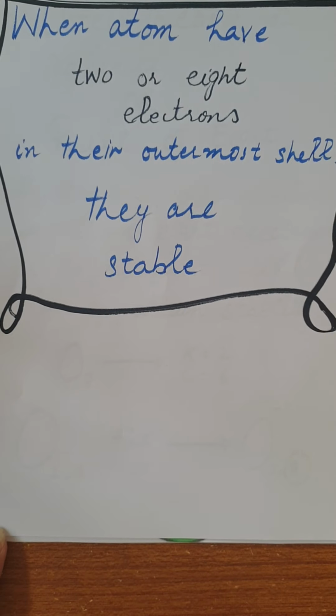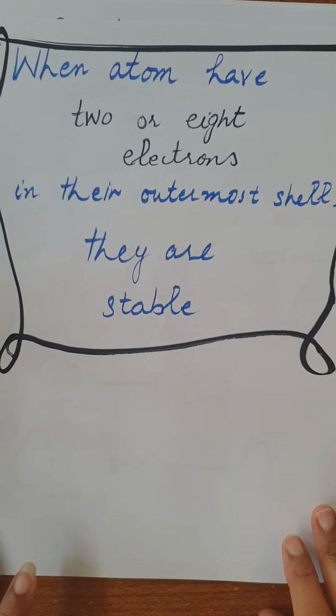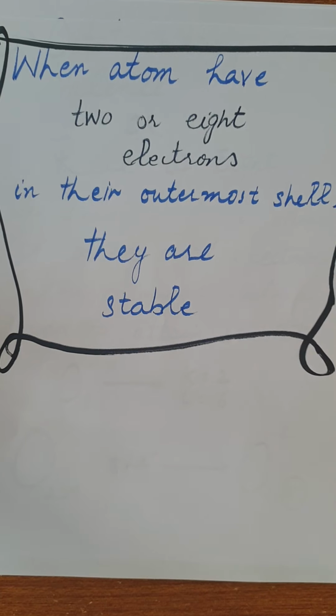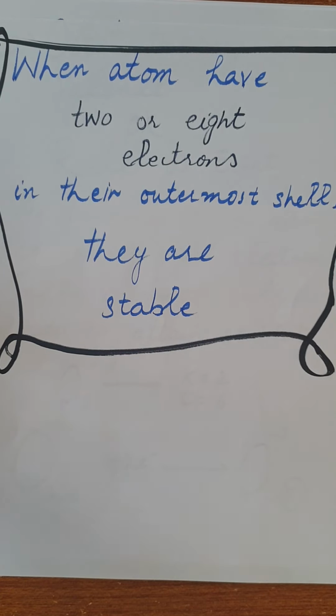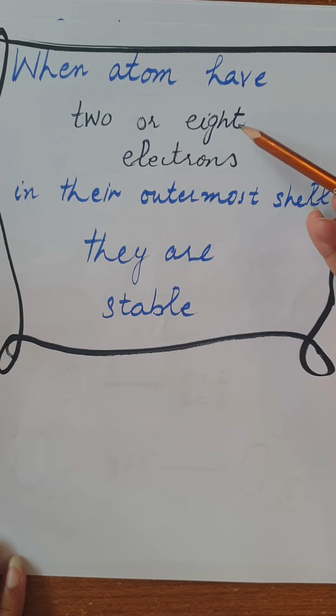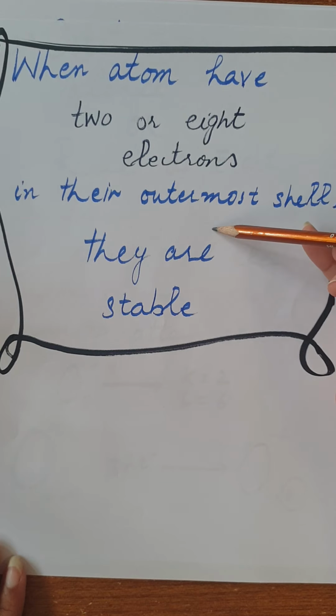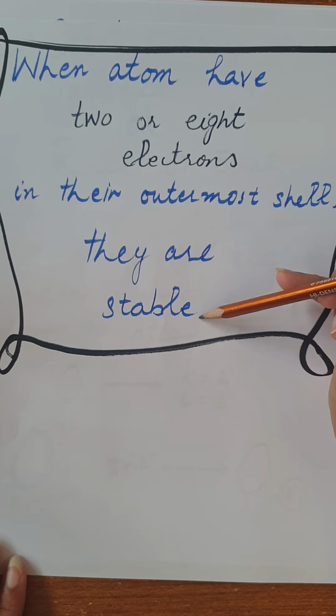So the Valence Concept is that an atom should have 2 or 8 electrons in its outermost shell to be stable.